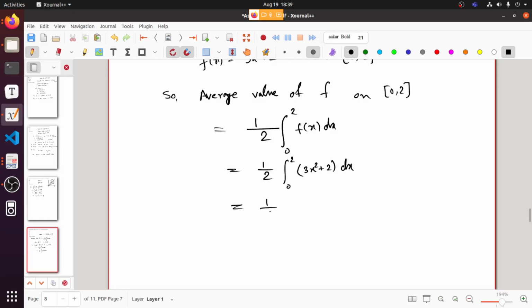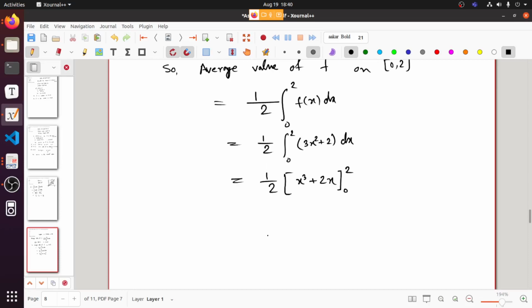So what happens? It will be half. If you integrate this, you will get x cube plus 2x, right? From 0 to 2. So just put it down. What will give the answer? So it will be half of 8, 2 cube means 8, plus 4, right? Is this fine?